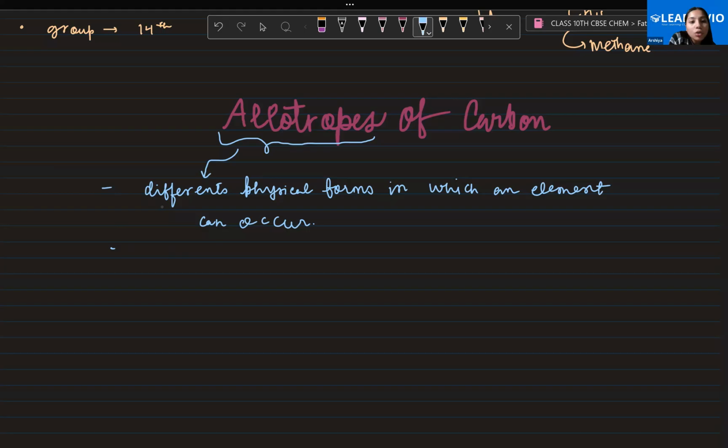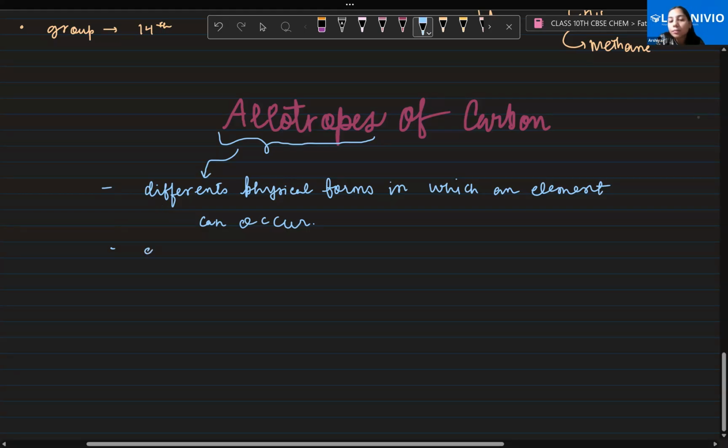So these elements also have examples. In examples, you can write carbon, of course, phosphorus, sulfur, silicon.